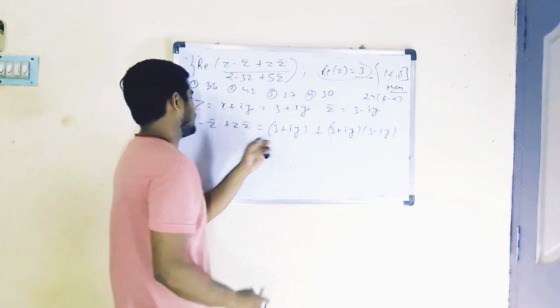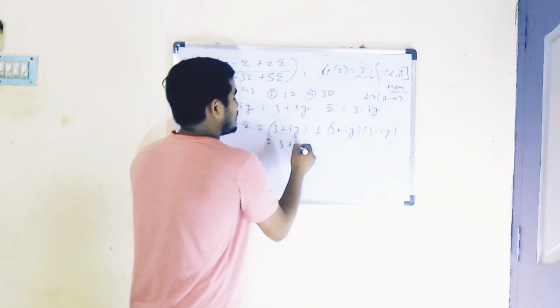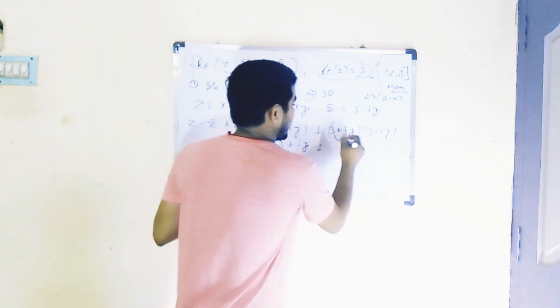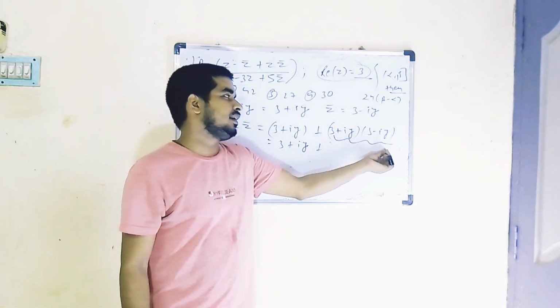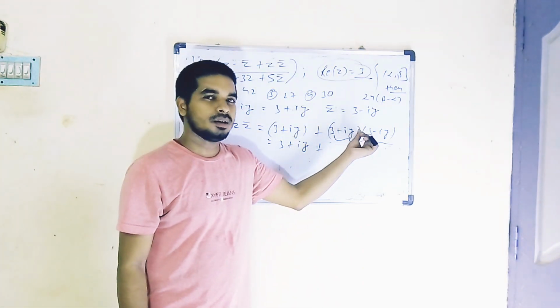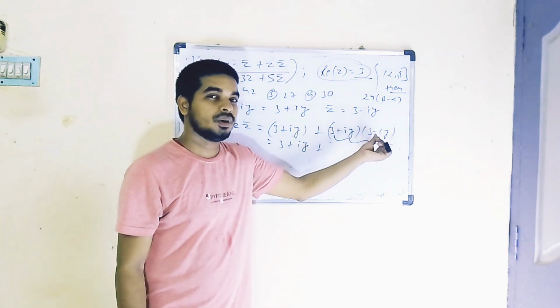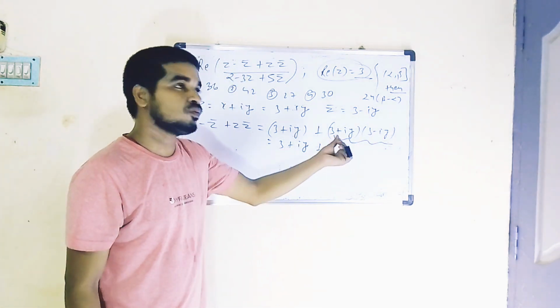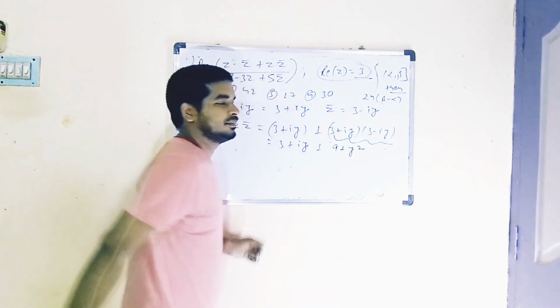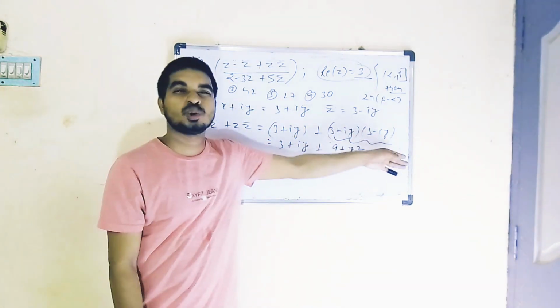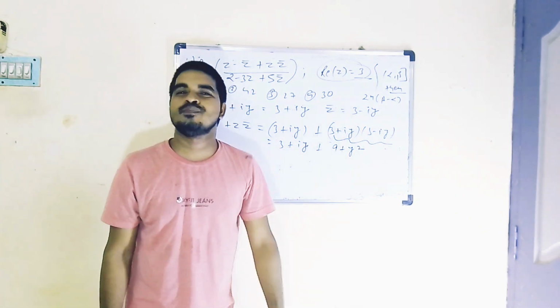Now listen to me carefully. What is this? This is 3 plus iy into 3 minus iy, which equals 3 square plus y square, meaning 9 plus y square. Can I write directly? You can go through and solve it, and you will get the same answer, 9 plus y square.